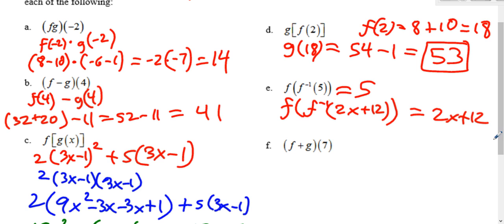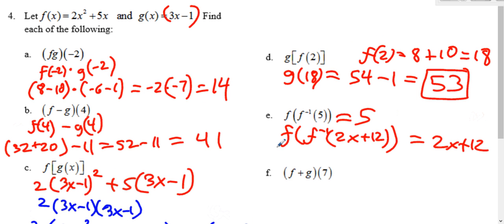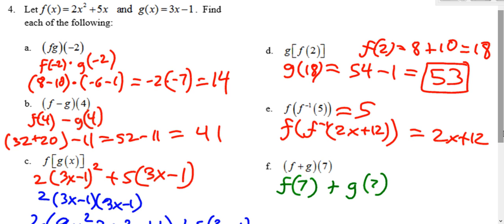And then our last one here, f plus g of 7. You can plug 7 into both of them and add the answers. So 49 times 2 plus 35.